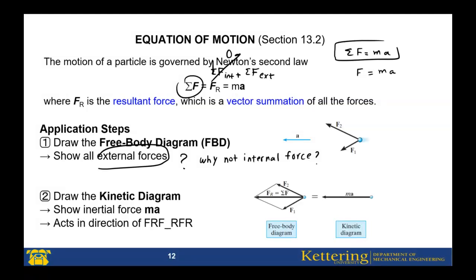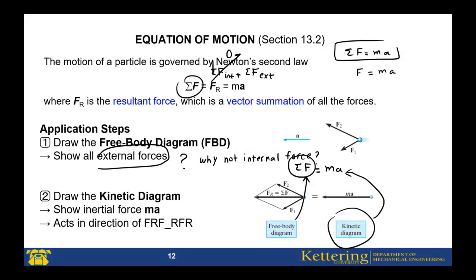Now, if you look at this and refer to the equation of motion, the summation of the forces, we can find the forces from the free body diagram. And also, from the kinetic diagram, we can show the ma, or inertial forces.